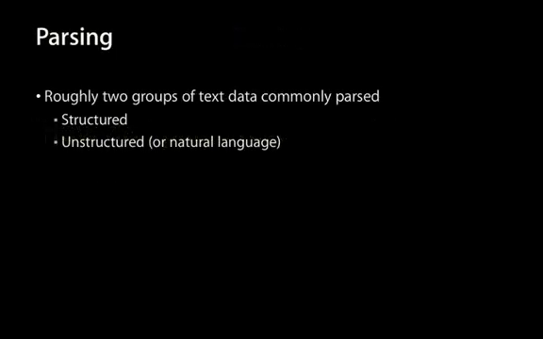In text data processing, there are roughly two kinds of data processing you might encounter: structured and unstructured. Structured text data processing is mainly processing data designed for a machine to process. And the other kind, unstructured, is essentially natural language documents from the user.